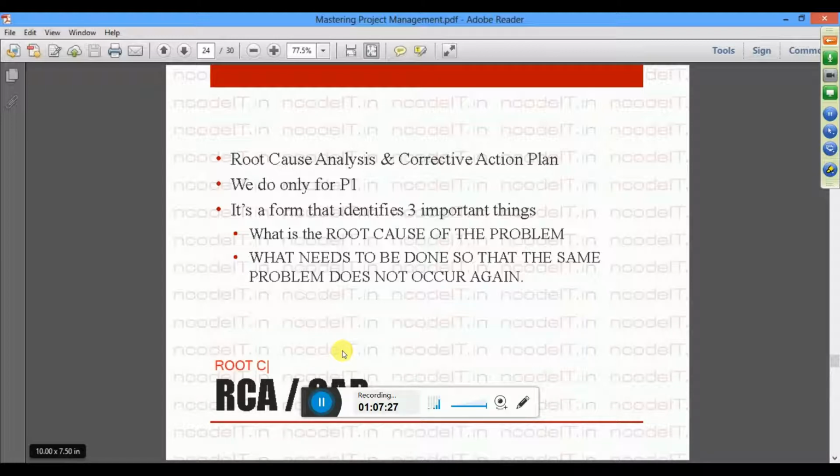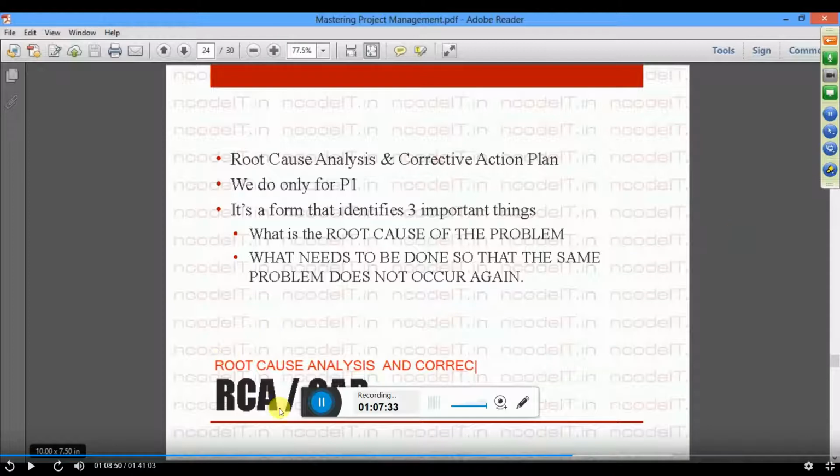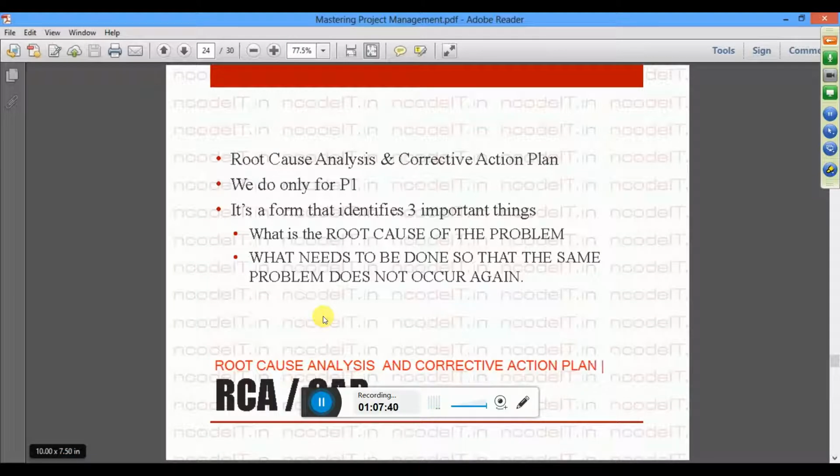Root cause analysis is RCA, and corrective action plan is CAP.